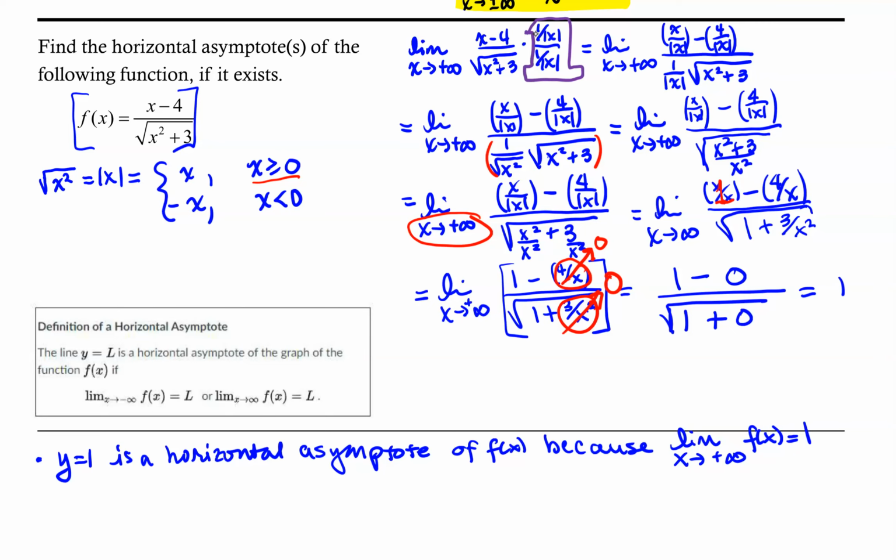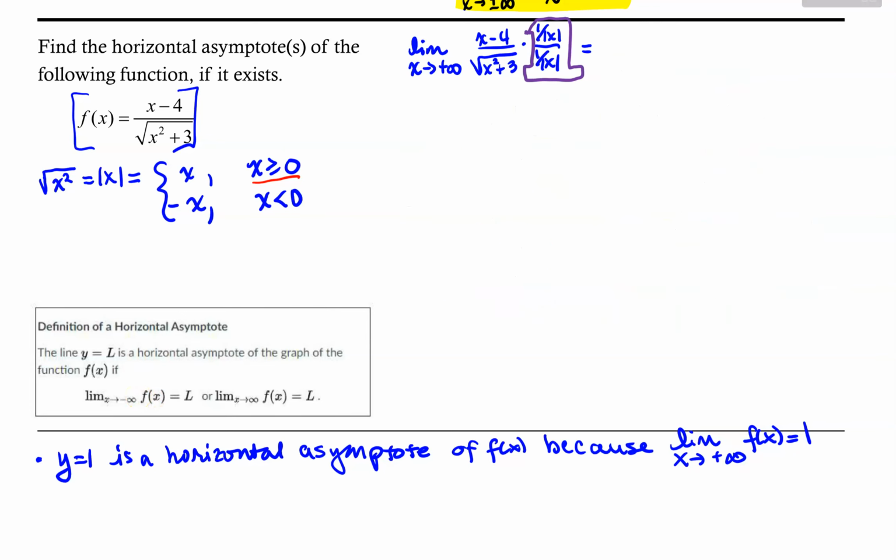Now let's consider what happens as x approaches negative infinity, the second possible source of a horizontal asymptote. Considering the limit in the other direction, it starts off much the same way. We'll have the limit as x approaches negative infinity of our function, and we still want to multiply by this 1 so that we can create an equivalent form.